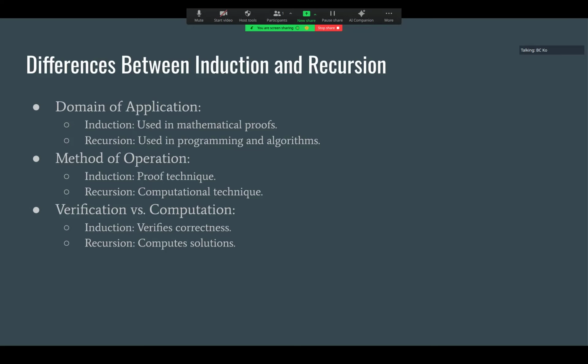In terms of operation, induction is a proof technique that ensures a statement holds for all natural numbers, while recursion is a computational technique where a function calls itself to solve smaller instances of a problem. Also, induction is about verifying the correctness of a statement, while recursion is focused on computing a solution.